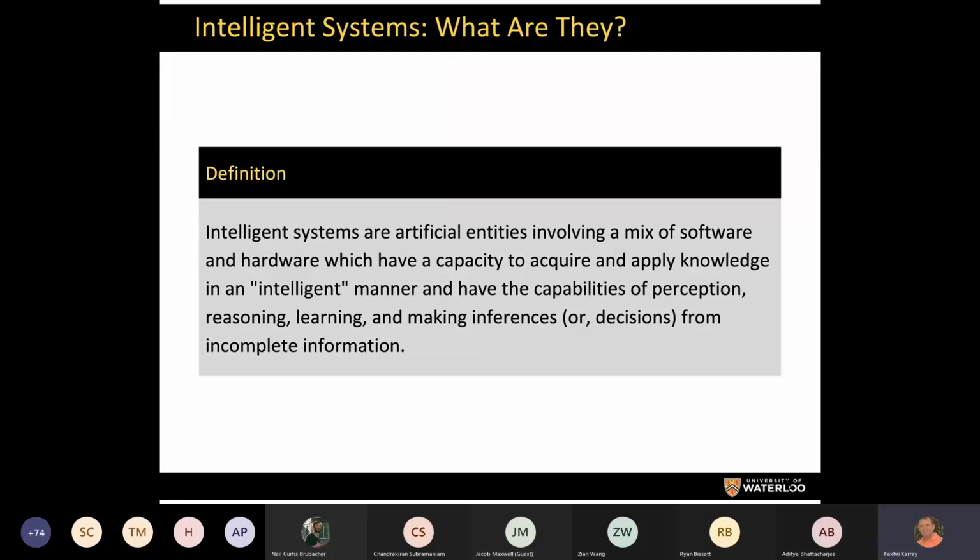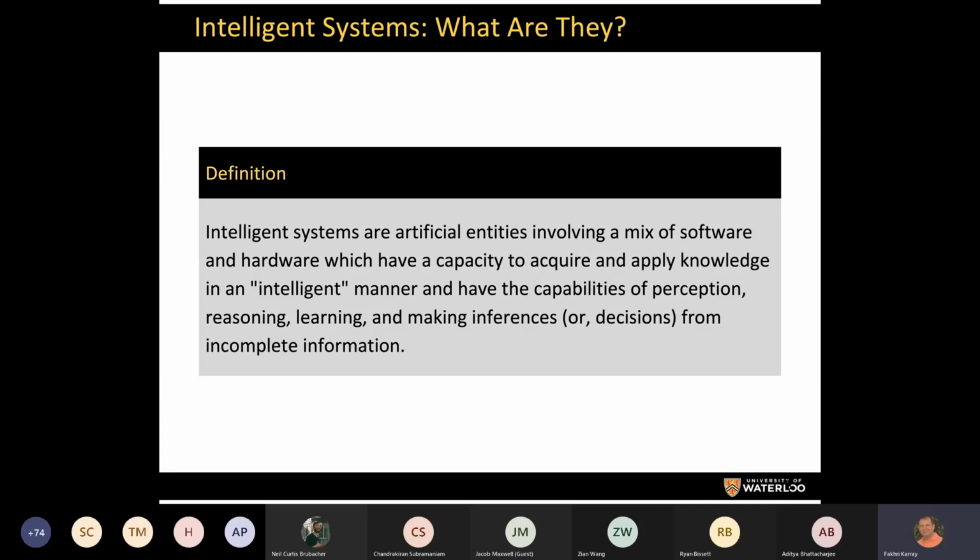They are distributed modules integrated under one single umbrella, behaving in a certain way to achieve capabilities of perception, reasoning, learning, and making inferences from incomplete information. Some of the autonomous cars nowadays, and some of the autonomous drones that you are seeing, are simply artificial intelligent systems using these capabilities for perception, reasoning, learning, and making inferences.